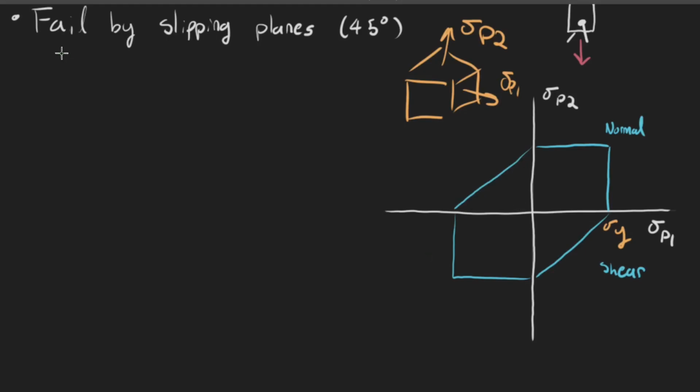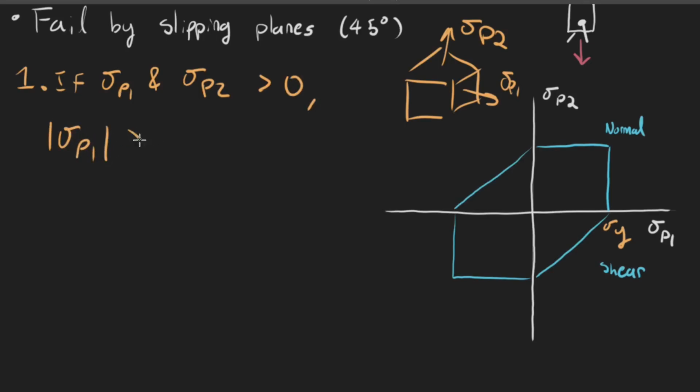Just writing this out: if sigma P1 and sigma P2 are positive, then failure occurs if sigma P1 is greater than or equal to our yielding, or sigma P2 is greater than or equal to our yielding.